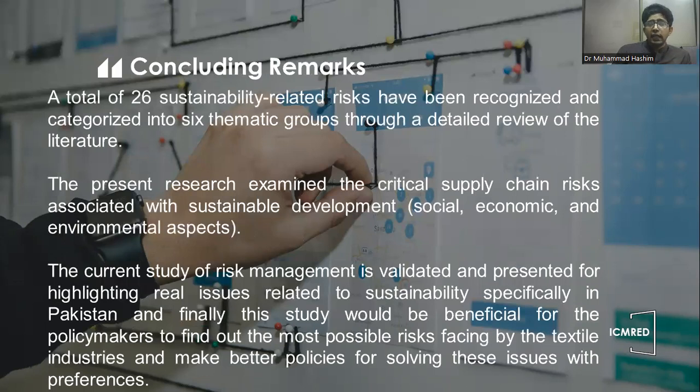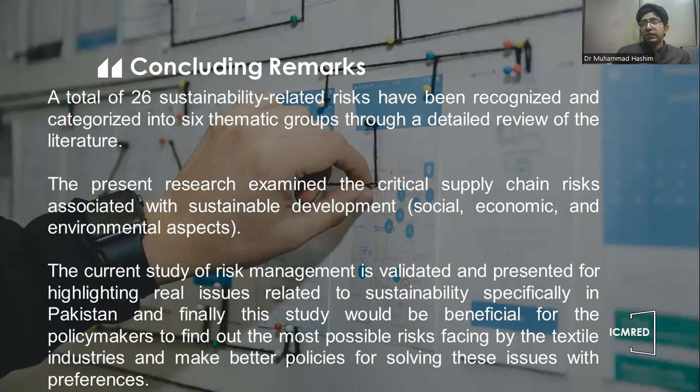So at the end, we are going to conclude today's presentation. A total of 26 sustainability risks have been recognized and categorized into six thematic groups through a detailed review of literature. The present research examined the critical supply chain risks associated with sustainable development, social, economic, and environmental aspects.